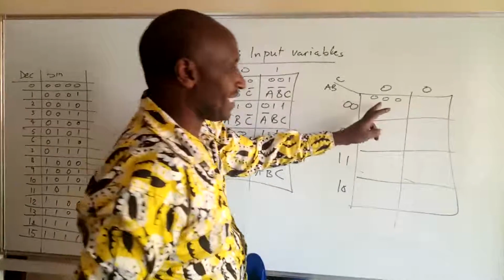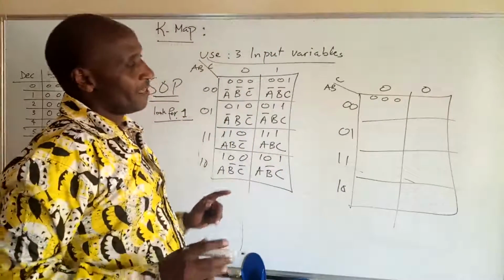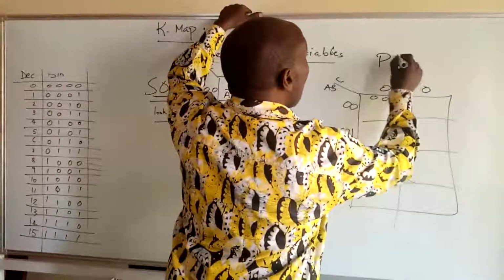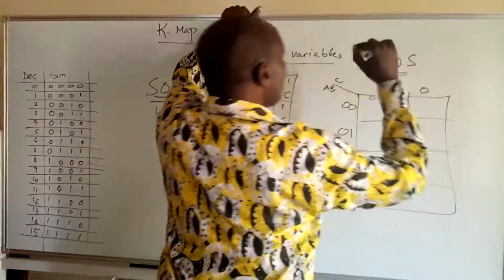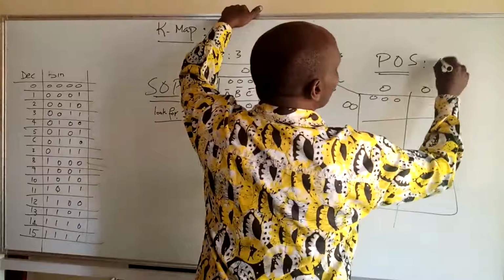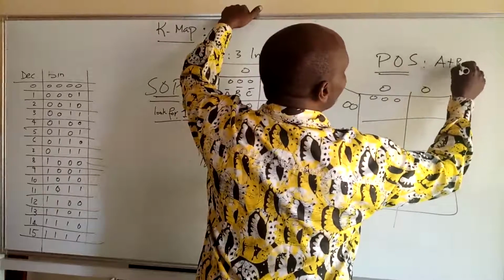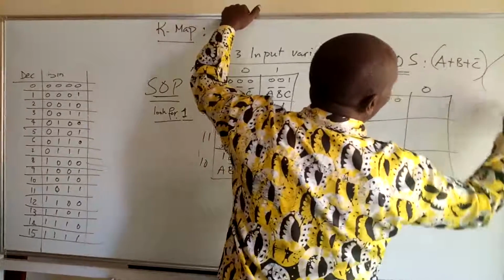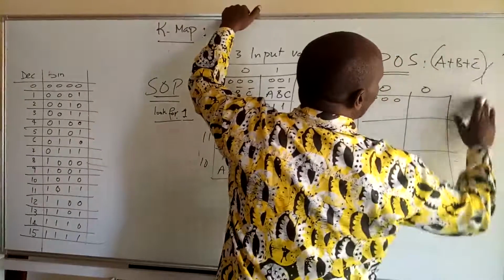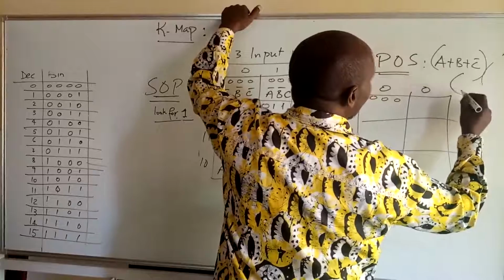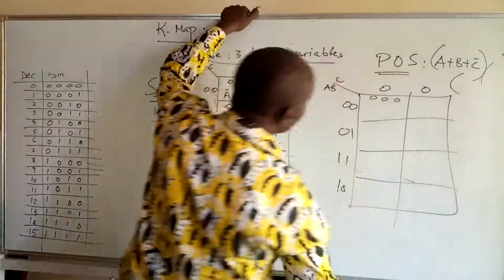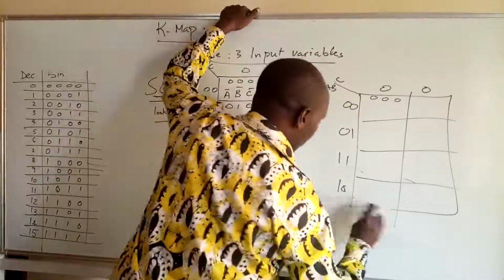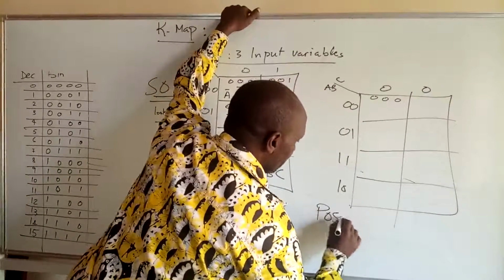Now, let us look at this, for example. Only this. 0, 0. Remember, it is a POS. If I give an example of a POS, it will be A plus B plus C, for example. Another term. Let me start so that I can have at least 2 terms.